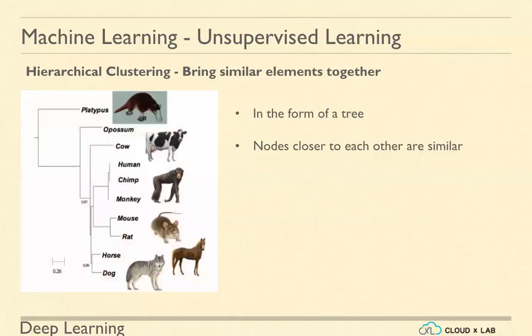Now the other unsupervised learning is hierarchical clustering. Hierarchical clustering is an interesting one, whereby we bring similar elements together in the form of a tree. The nodes that are close to each other are similar.